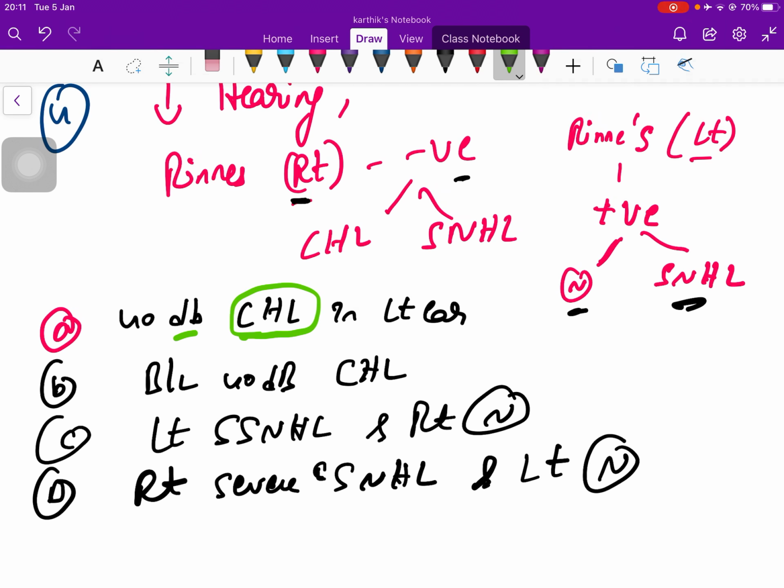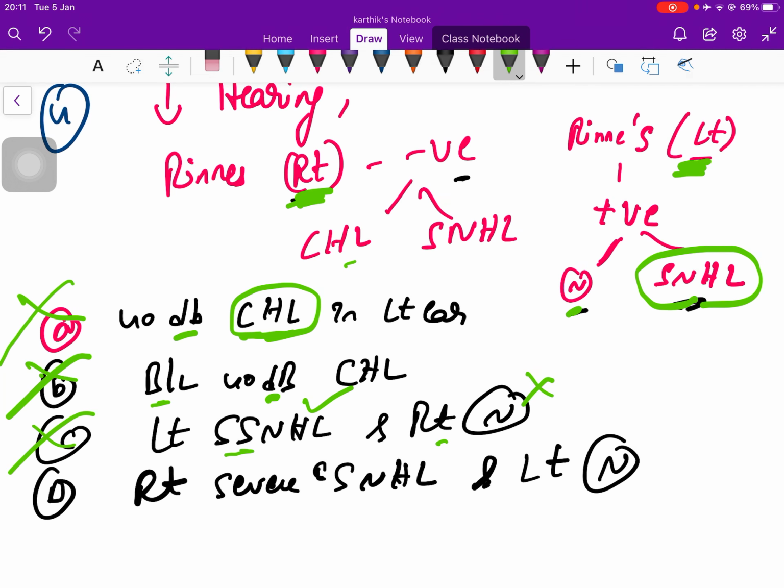First option is 40 decibel conductive hearing loss in left ear. Left ear we don't even have conductive hearing loss, so this option is ruled out. Second option, bilateral 40 decibel conductive hearing loss. He's saying bilateral, so both ears, right and left ear. We have conductive hearing loss option only on the right ear, so this option also ruled out. Third option, left sensory neural hearing loss, this is there, and right is normal.